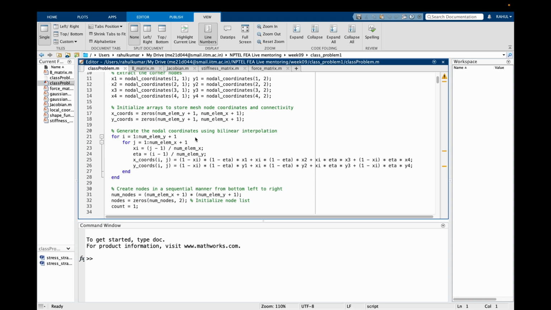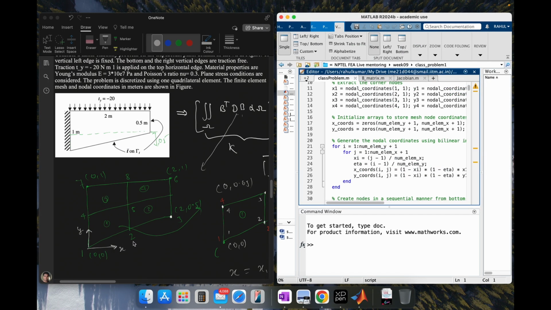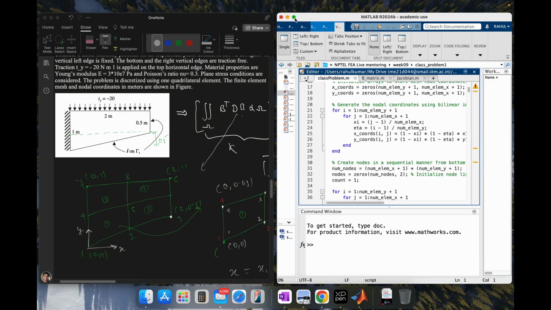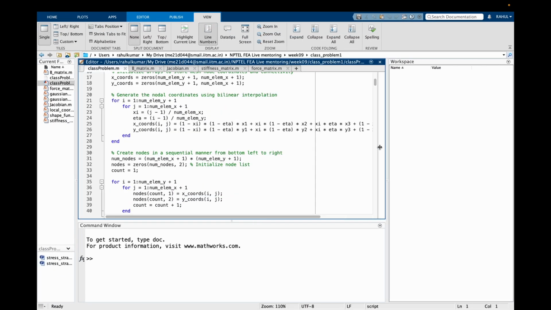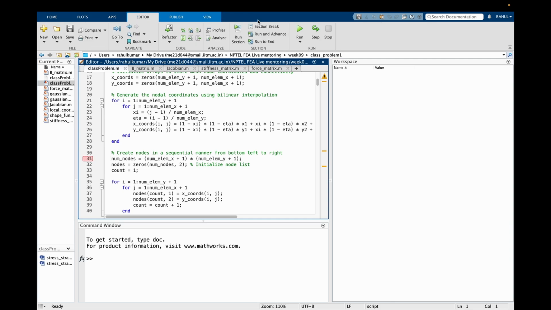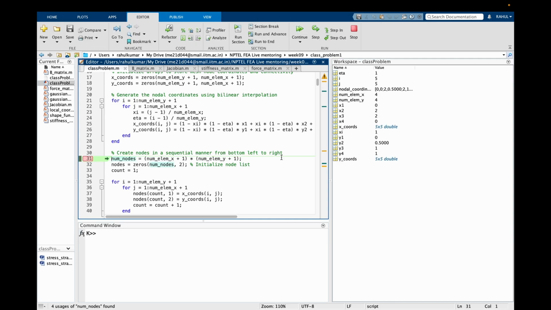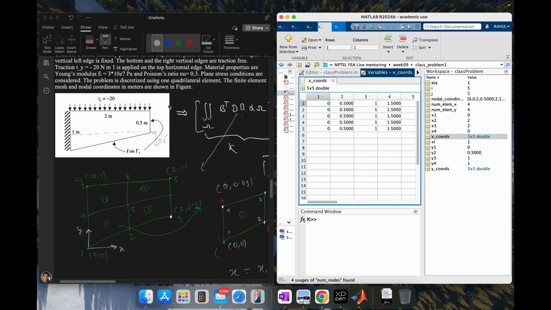Then it will initialize x coordinates to create a mesh. Based on that it will create the coordinates of all the mesh, so coordinates of all elements, and it will be stored here. Let's run this code up to this point, and we will see how many values it is storing. So here you can see the x coordinates for each element.